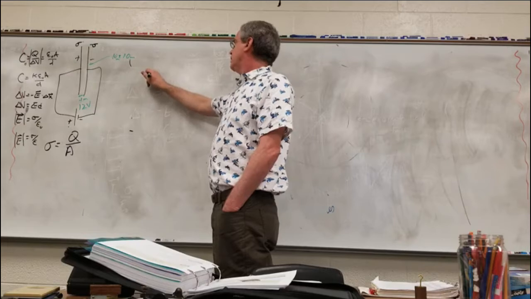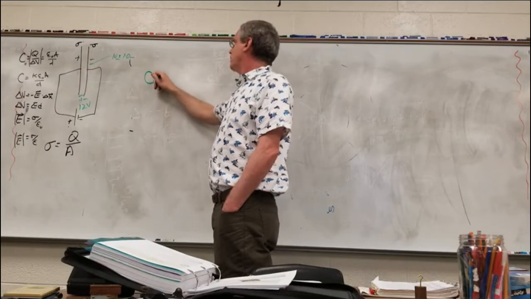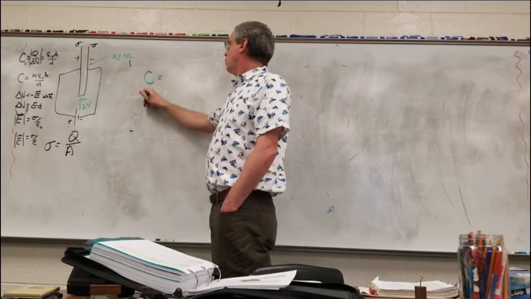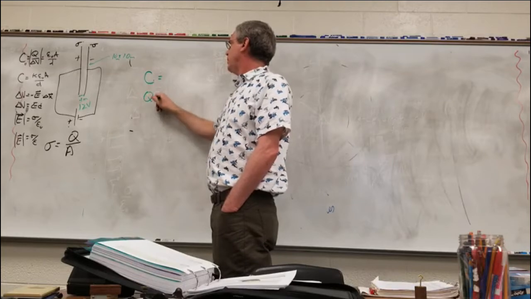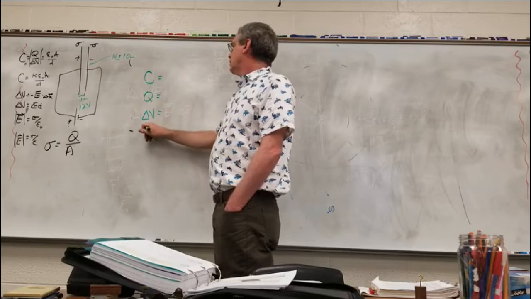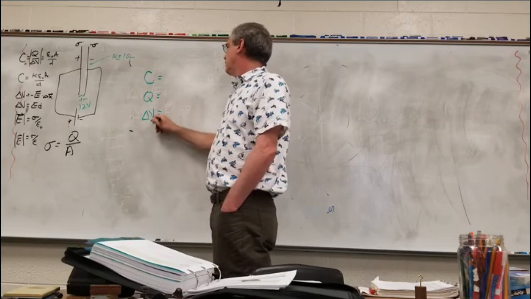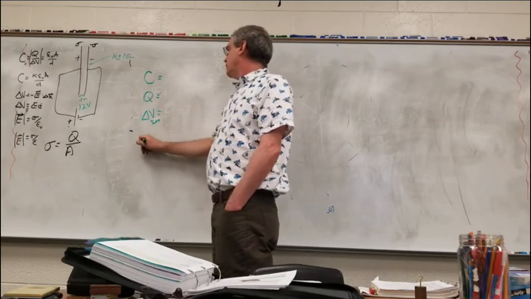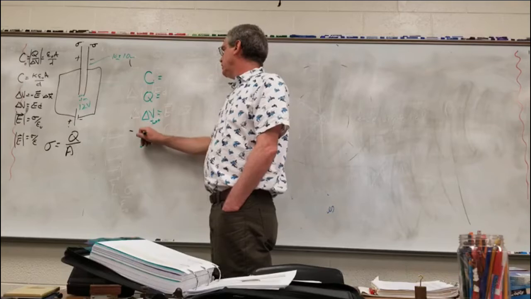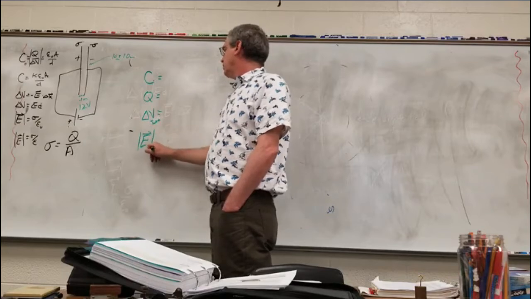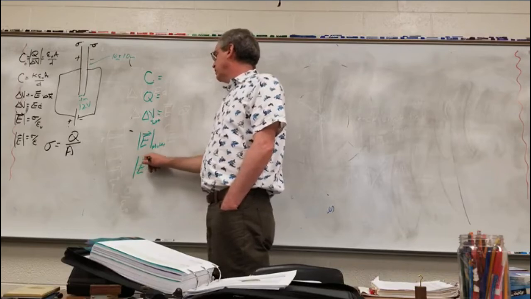And so first off, what is the capacitance? What is the charge on the plates? What is the potential across the plates going from negative to positive? What is the electric field strength from the plates themselves? And what is the electric field total?